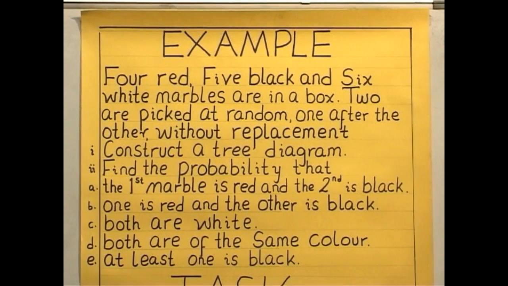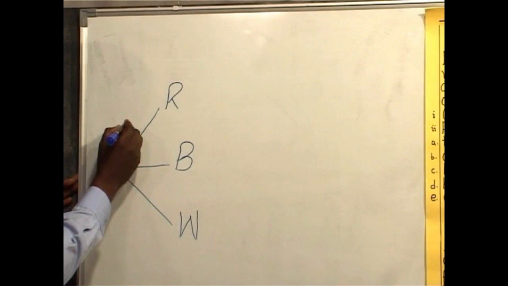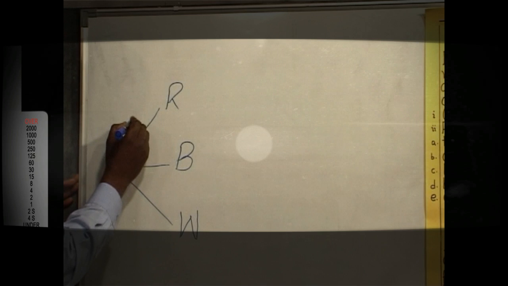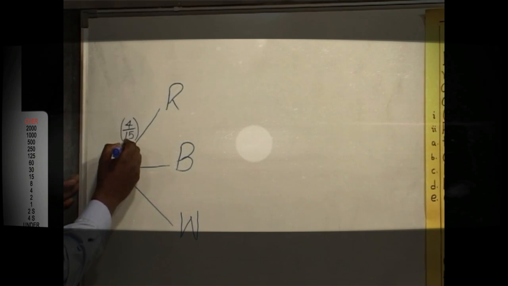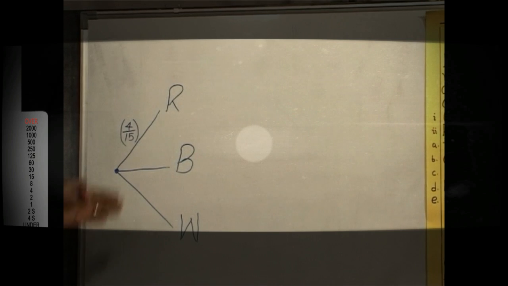When we look at our information, we have 4 red marbles, 5 black, and 6 white, giving us a total of 15 marbles. So the total number of possible outcomes is 15, out of which the red ones are 4. So on this branch, we are going to indicate 4 out of 15 as the probability of picking a red marble when the first one is done.